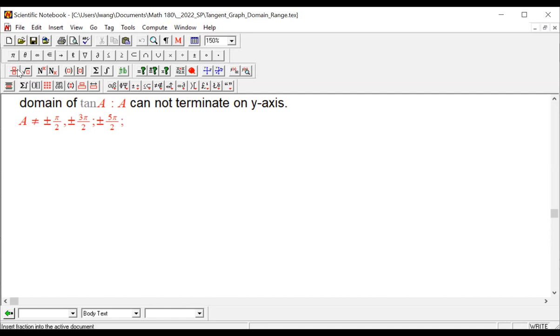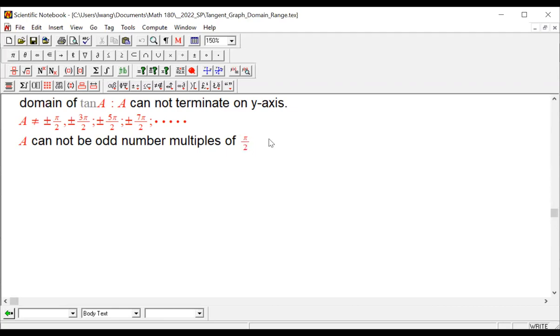Do we see a pattern? It cannot be positive or negative 7 pi over 2. What do we see here? It cannot be 1 times pi over 2. It cannot be 3 times pi over 2. It cannot be 5 times pi over 2. So in words, right, this input cannot be an odd number multiple of pi over 2. Does that make sense?